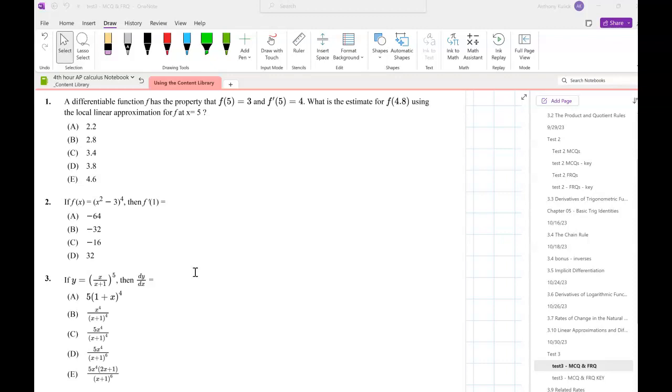You just need to simplify it enough so you can tell which one it is. Where should I go to simplify this? Well, x plus 1 minus x is 1.